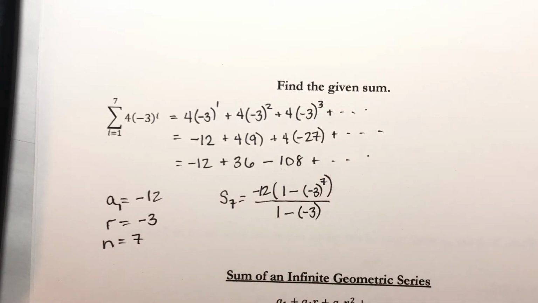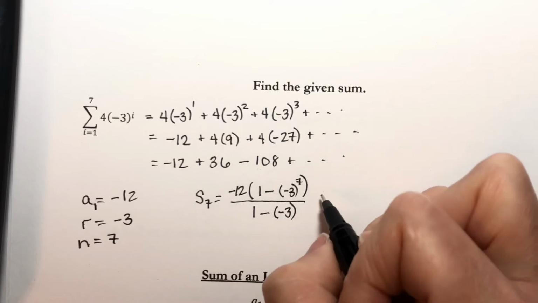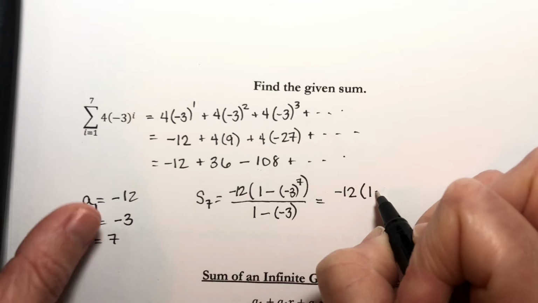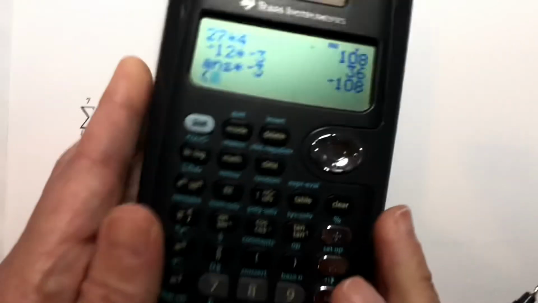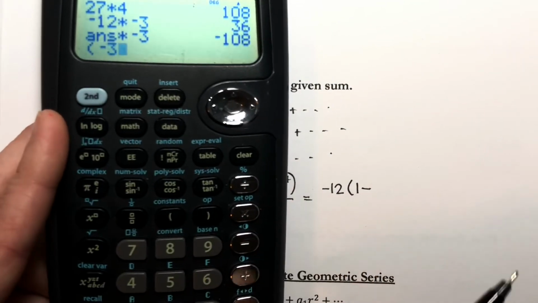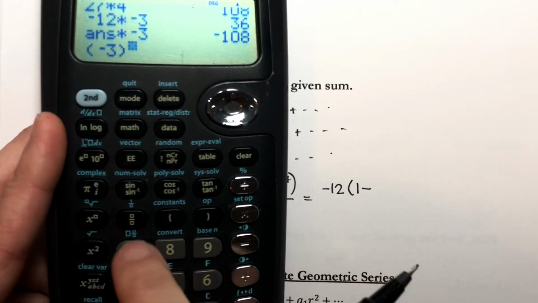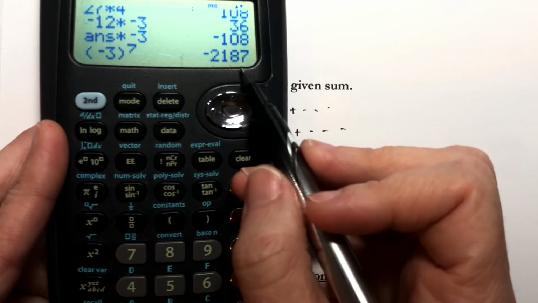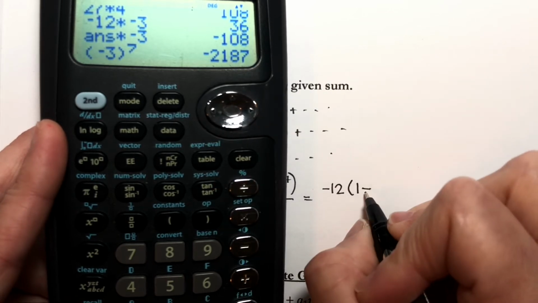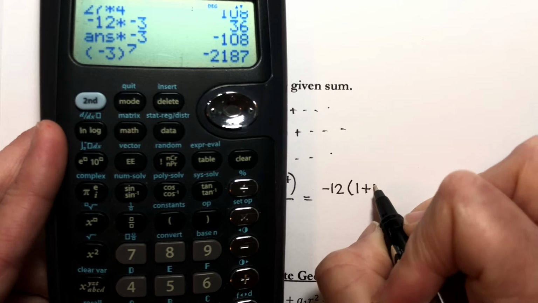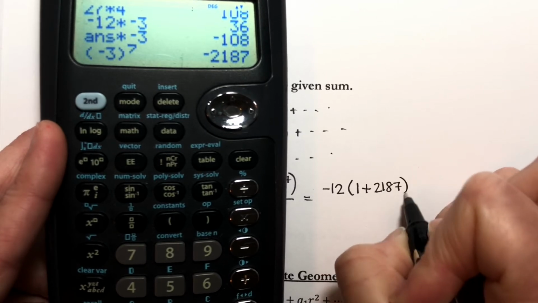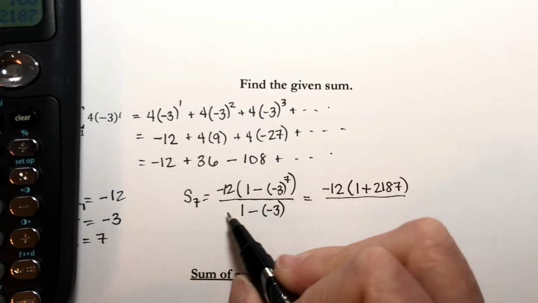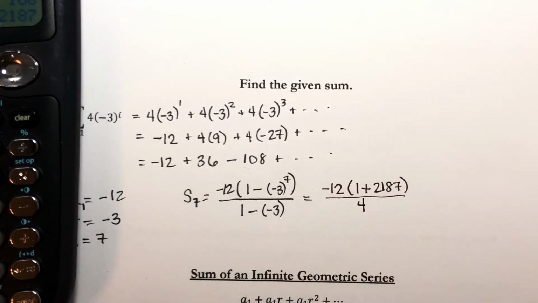We're going to need to be really careful with our signs here. This is negative 12 times 1 minus, make sure you're using parentheses here, negative 3 raised to the 7th power, which is negative 2,187. 1 minus a negative is 1 plus 2187. And this is over 1 minus a negative 3, which is 1 plus 3. So this is 4.